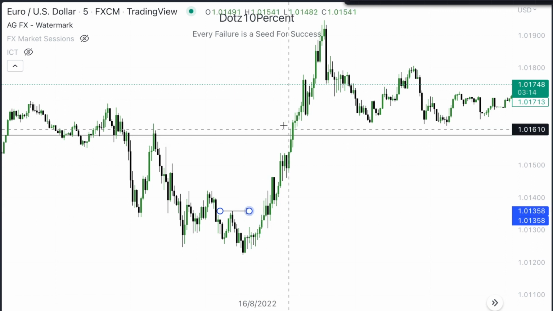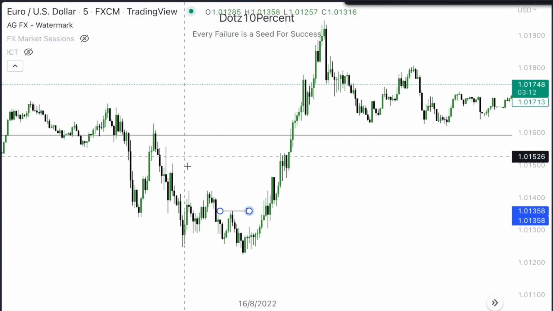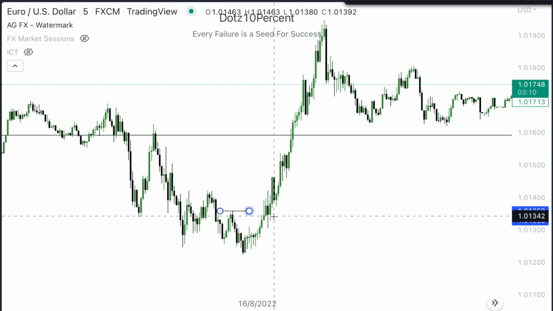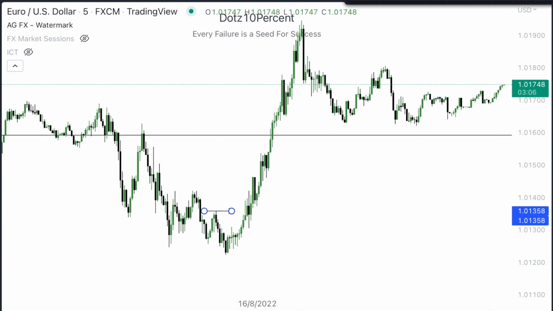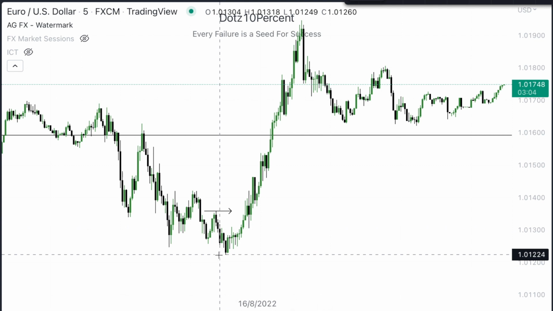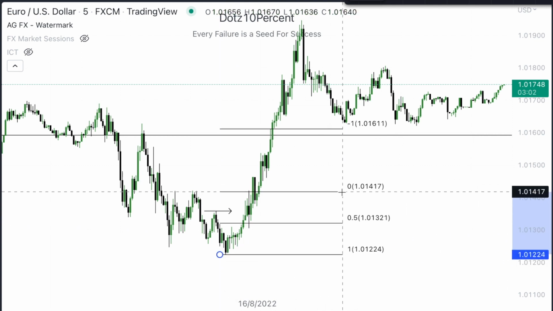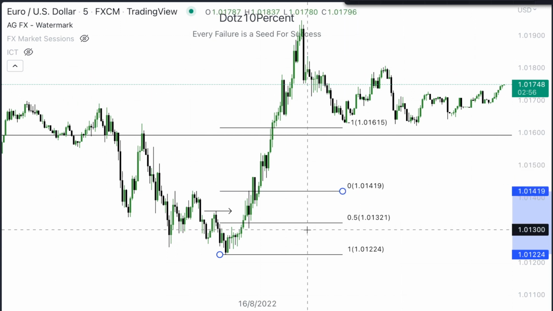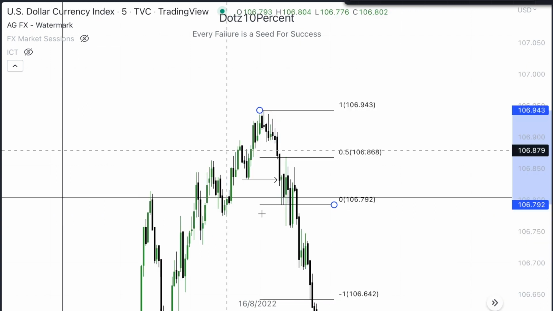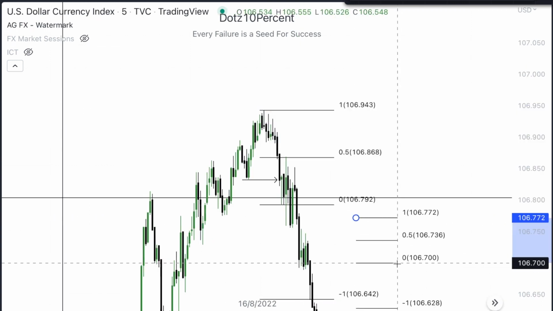This black line here is the previous weekly low. So once we ran below this, I'm hunting for the market structure shift. And of course, price only came to 0.5 or just a little bit lower on Euro USD. And for GBP USD, I'm not going to show you guys now, but it came to the 0.5 as well, similar to the DXY. So what am I getting at here, right?